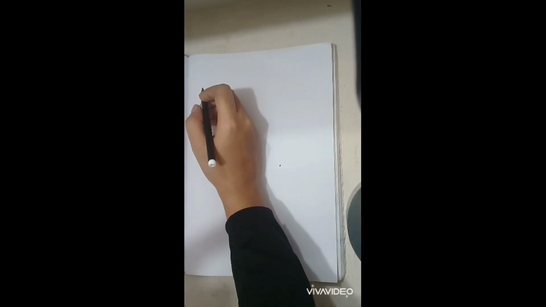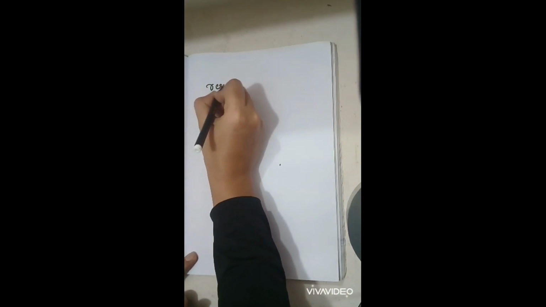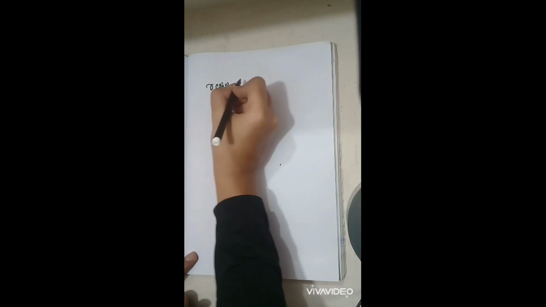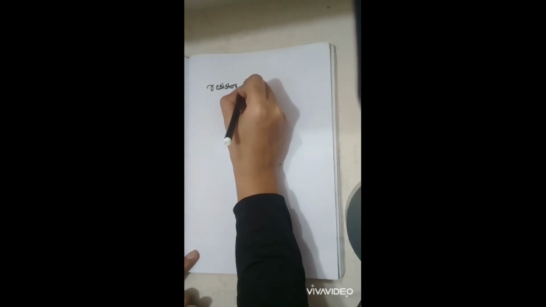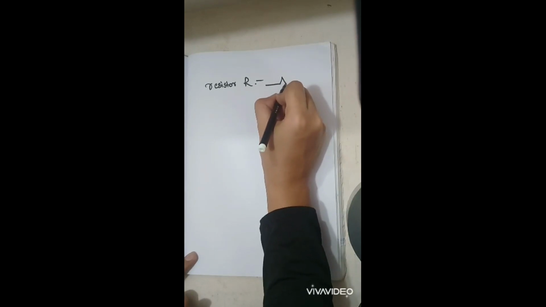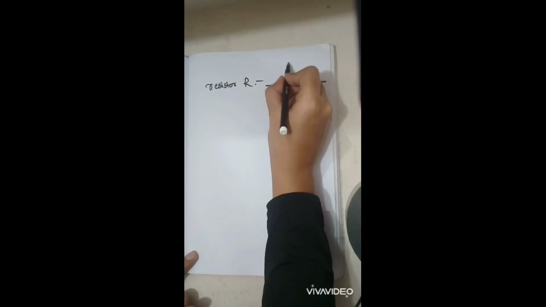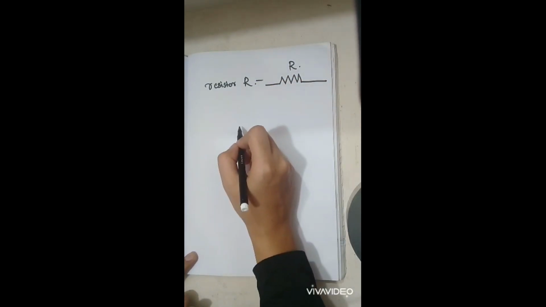Here we need to study only the symbol. Resistor having resistance R, the symbol of resistor is this one. This is the symbol of resistor having R resistance.